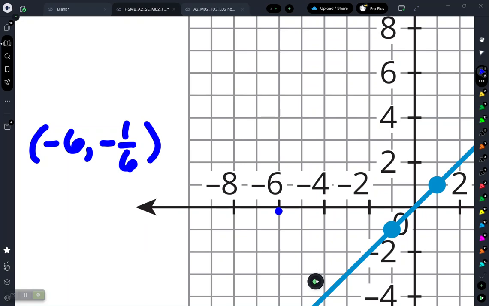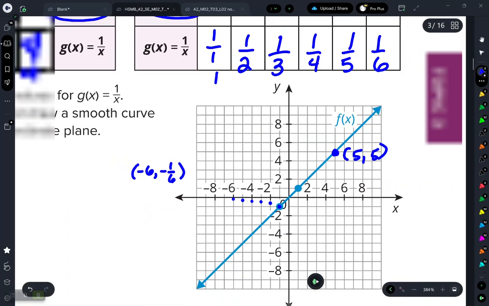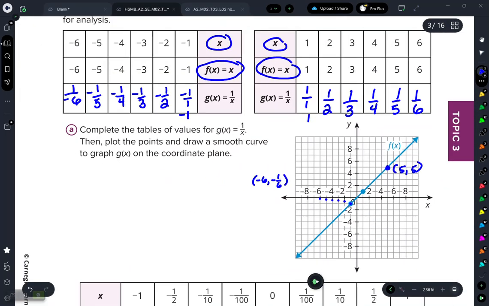Now we're going to do negative 5, negative 1/5, which is a little bit further down. Negative 1/4 is a little bit further down. Negative 1/3, a little bit further down. Negative 1/2, halfway. Then negative 1.